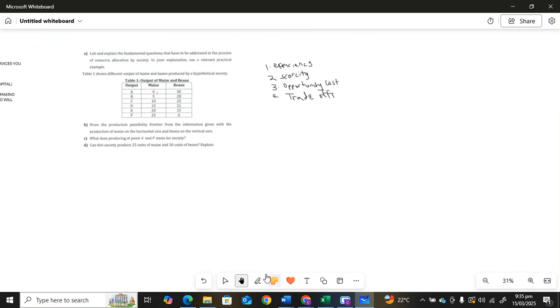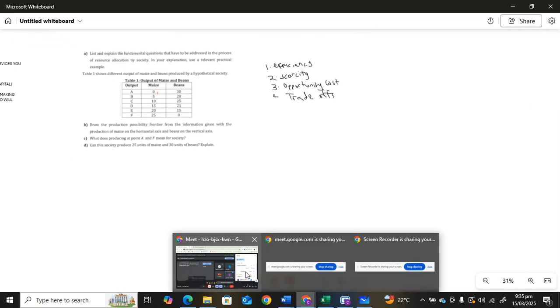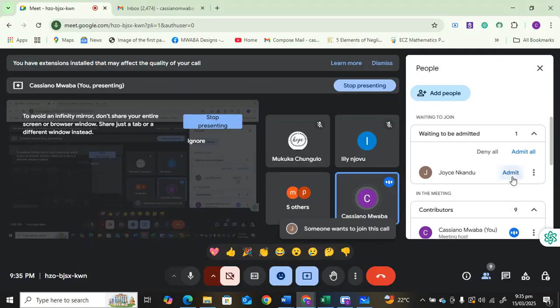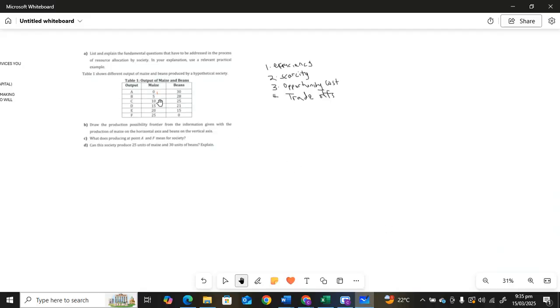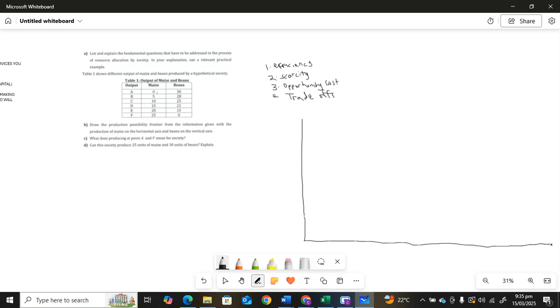One technique I like to use, because usually if you try to plot it like this, you get a very funny looking curve, is to at least make a lot of space on your paper, like I've done here.